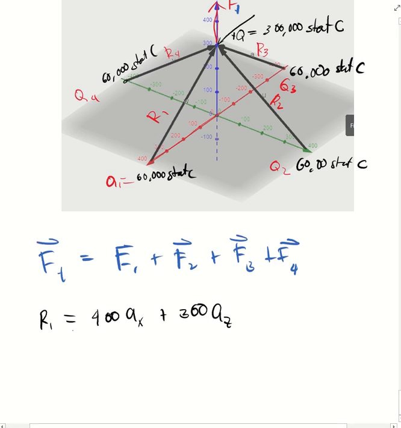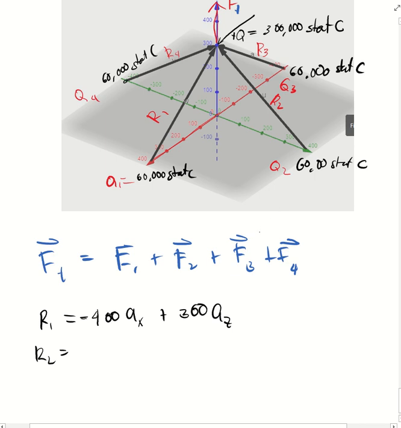Okay, then R2, and for R2, this is our R2 here. So again, it should be 300 AZ. Oh, wait, this should be minus. Yeah, I forgot, it should be minus because it's going into that direction. It's 0 minus 400, then 0 minus 0, then 300 minus 0.